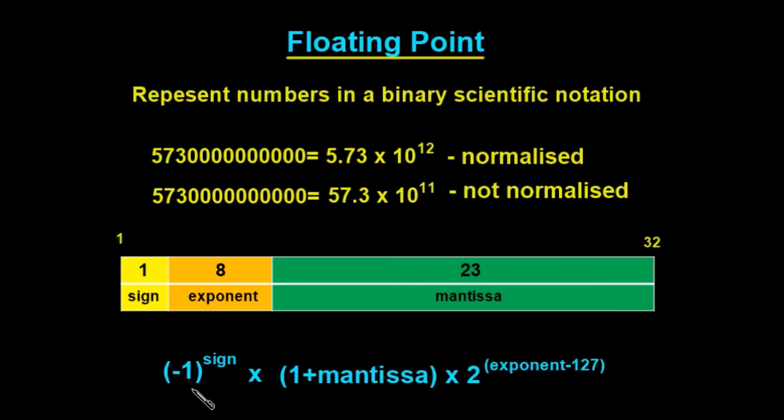So here's a little equation, and we'll explain this in the next slide. In order to represent this number as a 32-bit binary floating point number, we're going to use minus 1 to the power of the value of the sign, times 1 plus the Mantissa, times 2 to the power of the exponent minus 127.